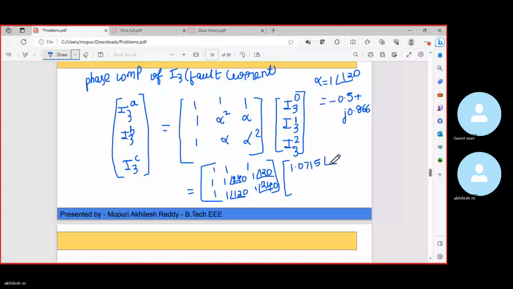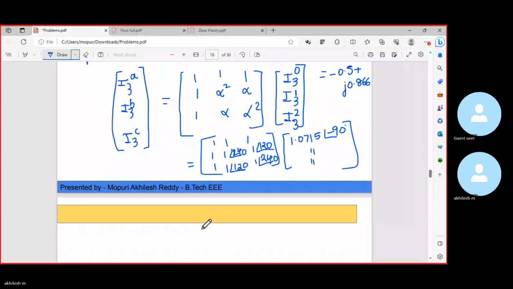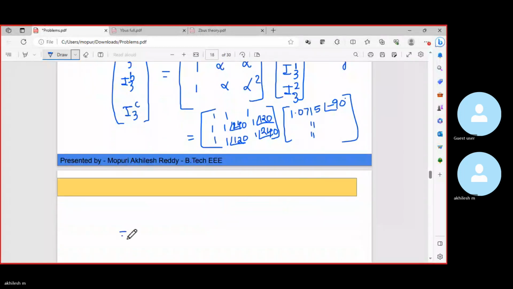matrix at an angle of minus 90? So I think what we will get is 1 into this element, into this element. Here also the same. So the final matrix will be, let us consider this element, 1 into this 1.0715 at an angle of minus 90 degrees.